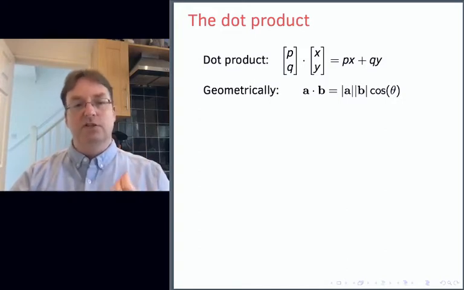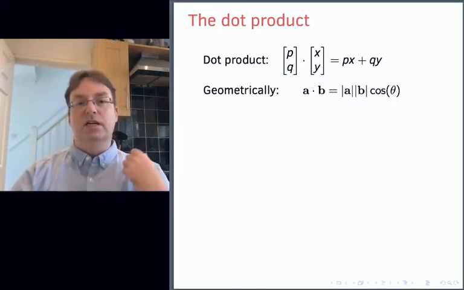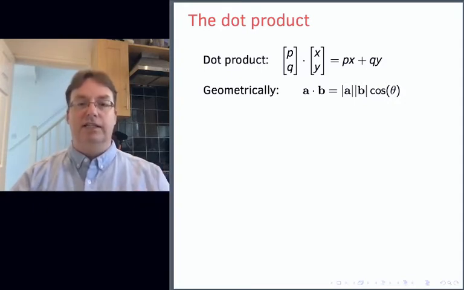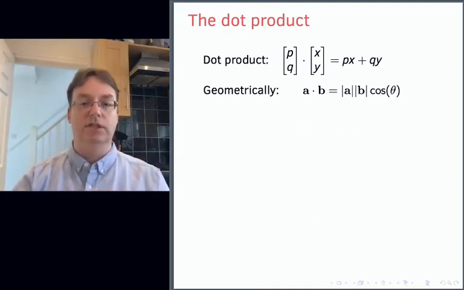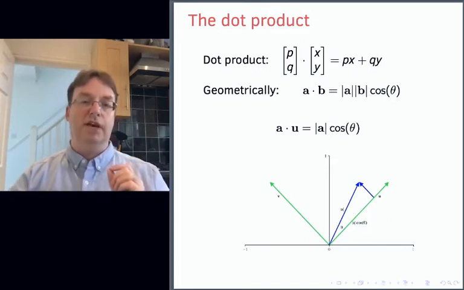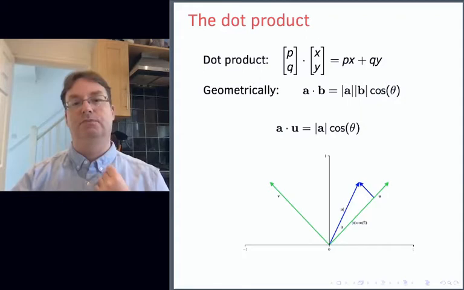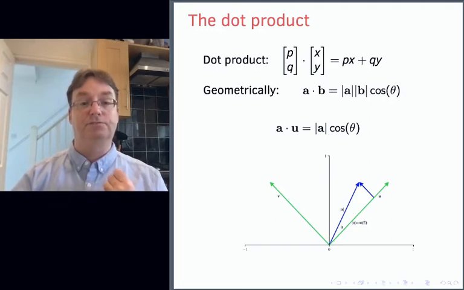But it's very useful because it's got this interesting geometrical interpretation. If I take the dot product of 2 vectors A and B, what I get is the length of A times the length of B times the cosine of the angle between the 2 of them. Now, in particular, suppose one of those vectors is a unit vector, a vector with length 1. Then when I do the dot product, I just get the length of the other vector times cosine of the angle.